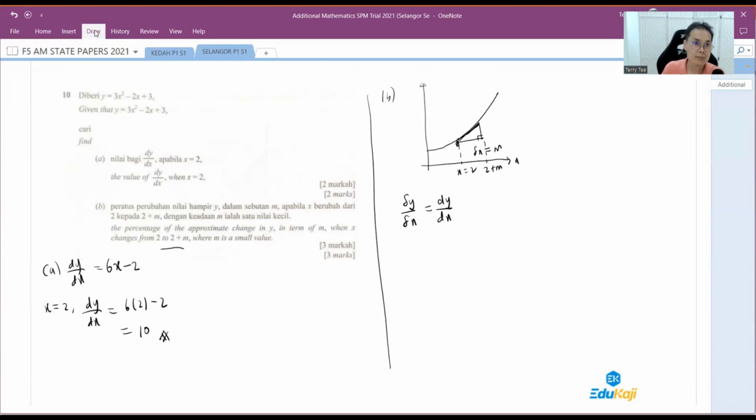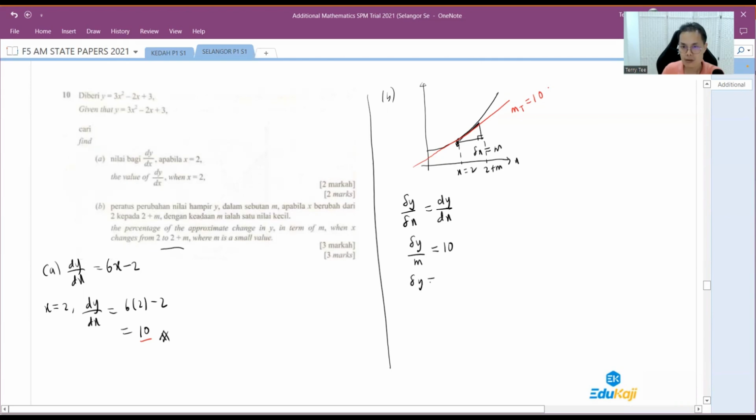The gradient of the tangent at this point, we actually got from the first part, which is 10. dy/dx when x is 2 is 10. So your delta y is what we're finding, the approximate change in y. Your change in x is m, this is 10. So when you multiply over, this is 10m.